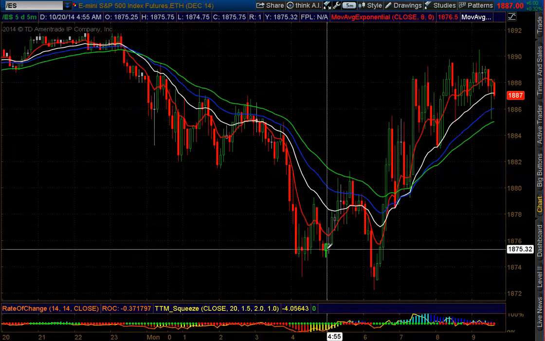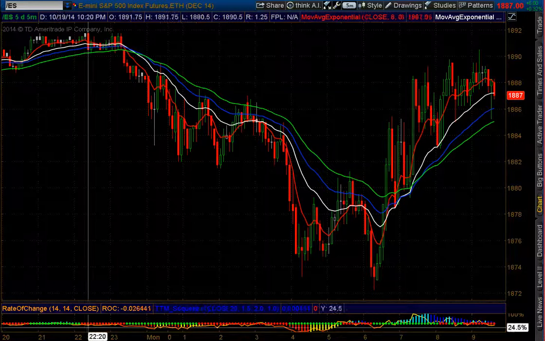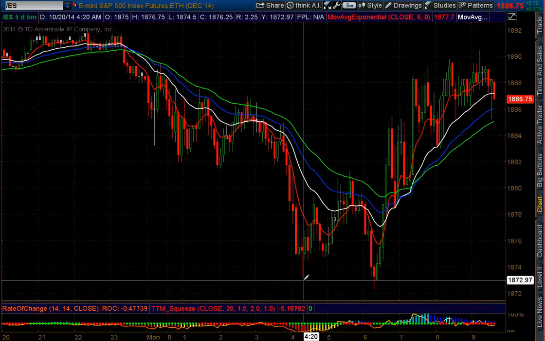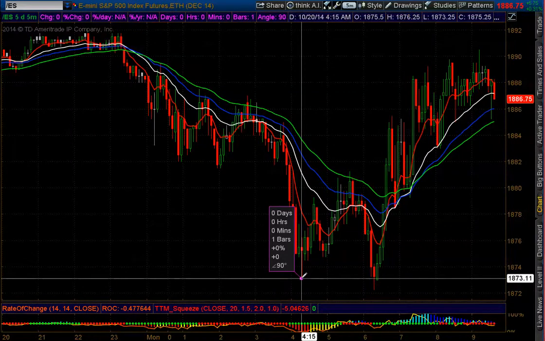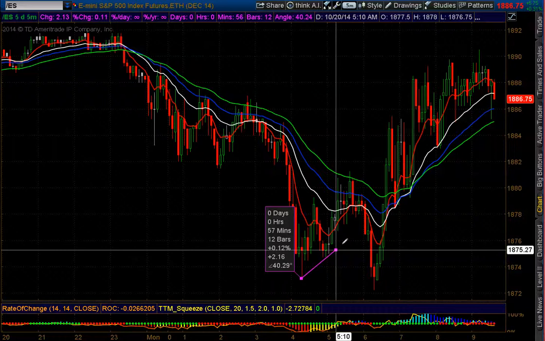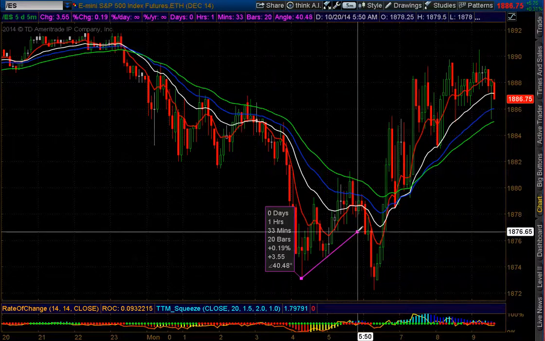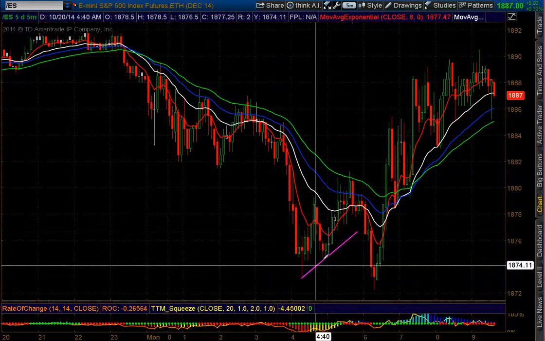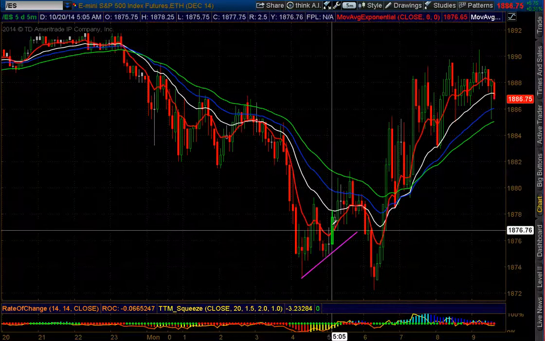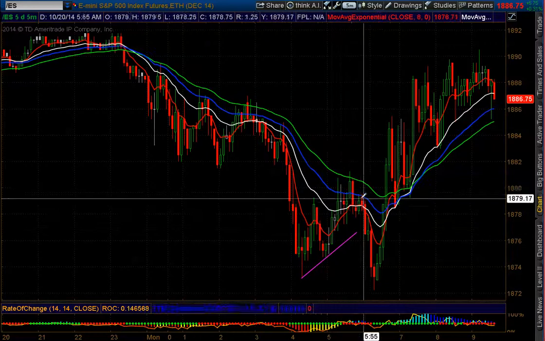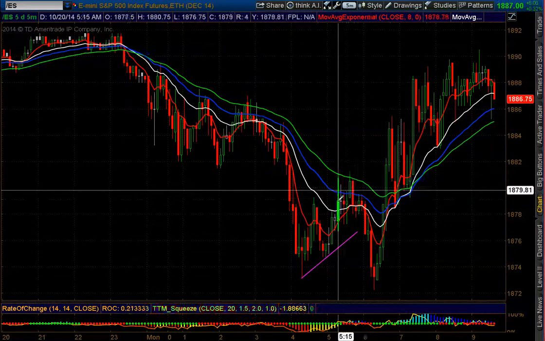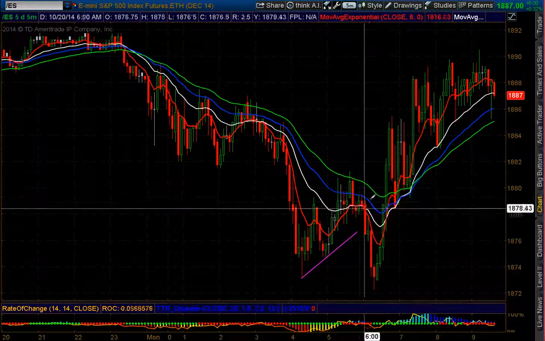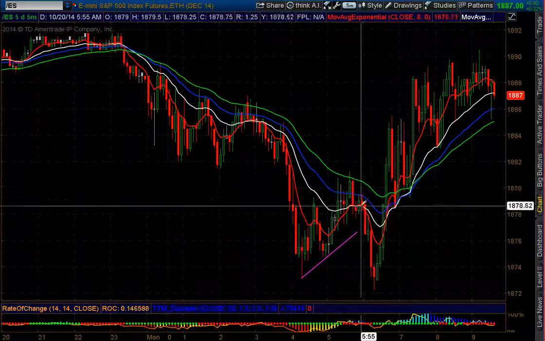And what a lot of traders will do, they'll put a trend line here, from here to there. So it shows we have a potential reversal up. Once again, it goes to all the moving averages. This is a lot of resistance. It can't get through.